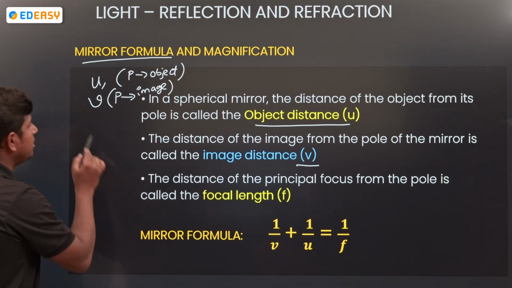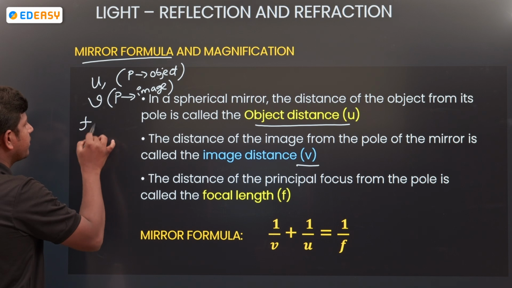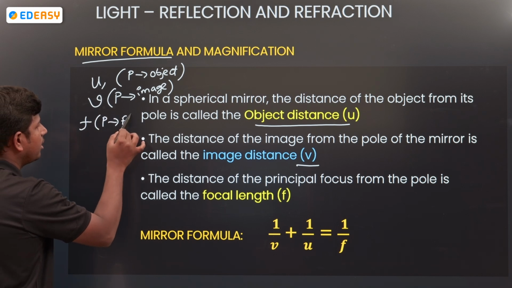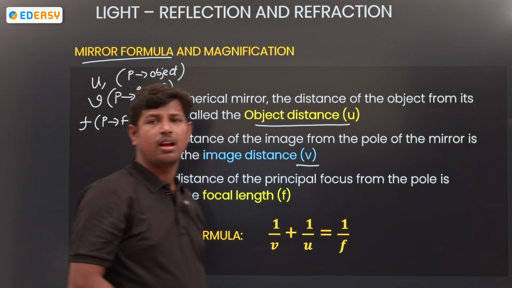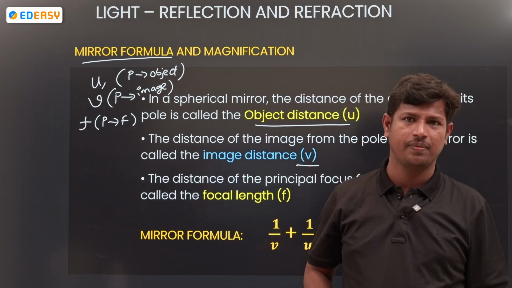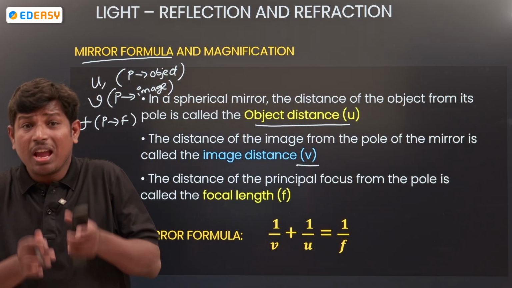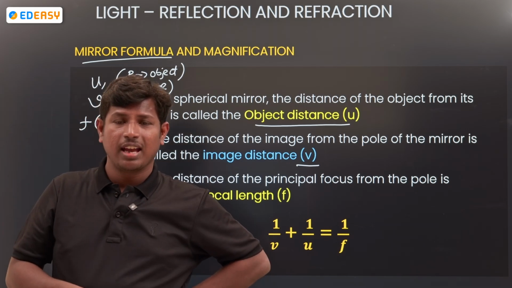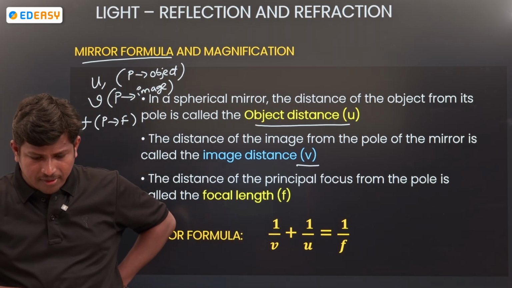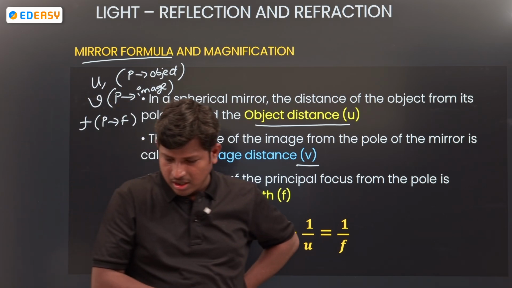Next, what is the focal length? The distance from P to F. Okay, P to object is object distance, P to image is image distance, P to F is focal length distance. Why do we measure everything from P only? Anybody guess the answer? Anybody from the comment section?